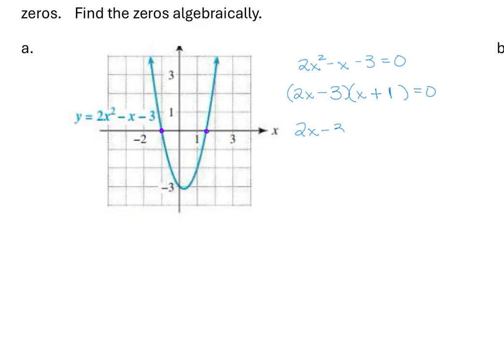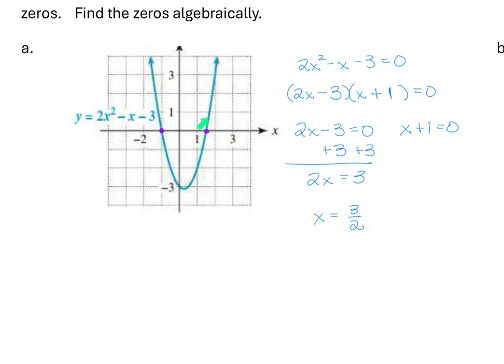All right, if we go ahead and set each factor equal to 0, for the first one, we can add 3 to both sides. We get 2x equals 3. And then when we divide by 2, we get 3 over 2, which is equal to 1.5.